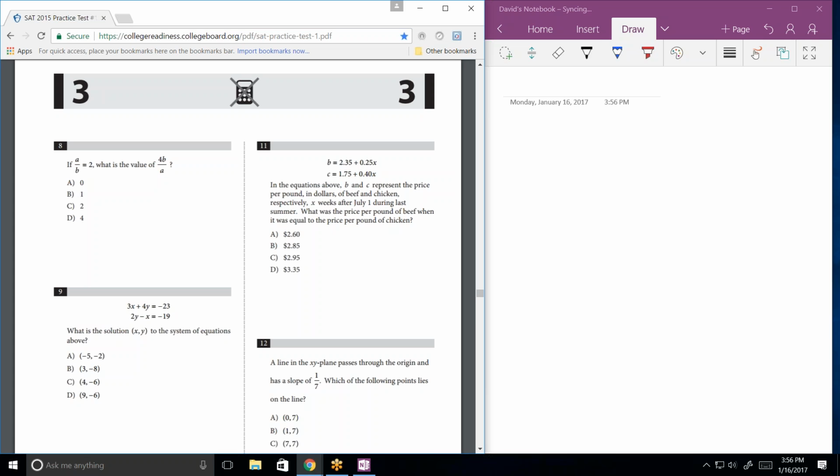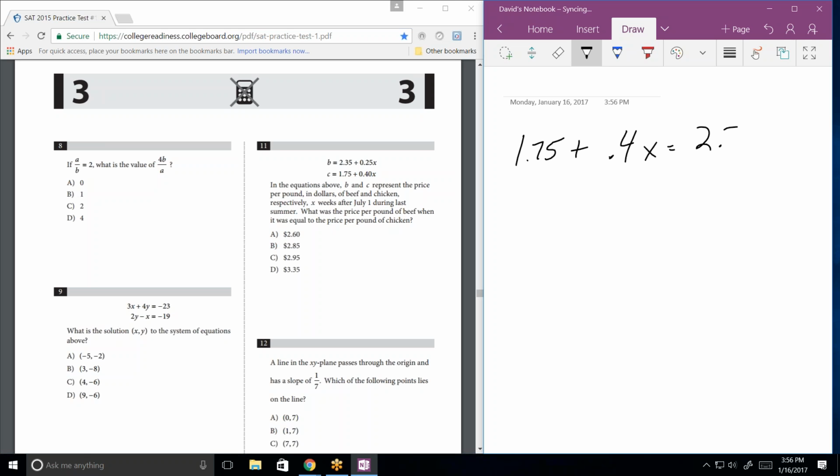You can set them equal to each other. Yeah, exactly. So 1.75 plus 0.4x equals 2.35 plus 0.25x. Go ahead and solve that.